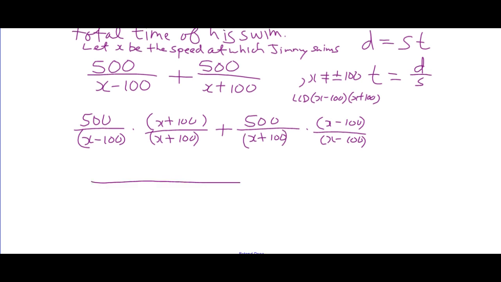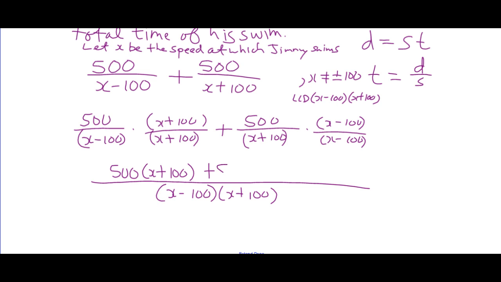So on the bottom, we got x minus 100, x plus 100, and up top we've got 500 times x plus 100 plus 500 times x minus 100. So it's going to be 500x plus 50,000 plus 500x minus 50,000, or just 1,000x over.